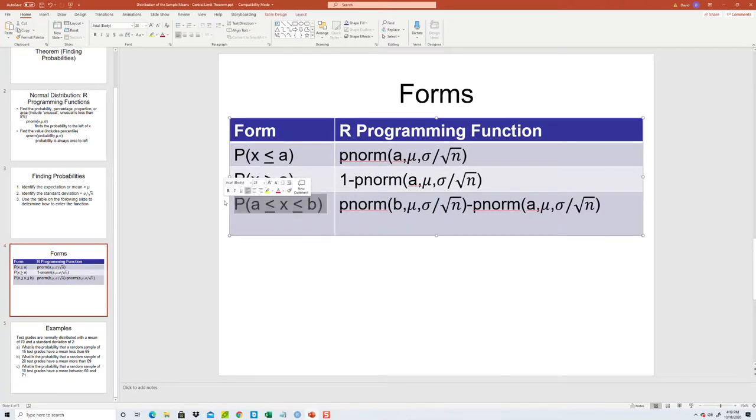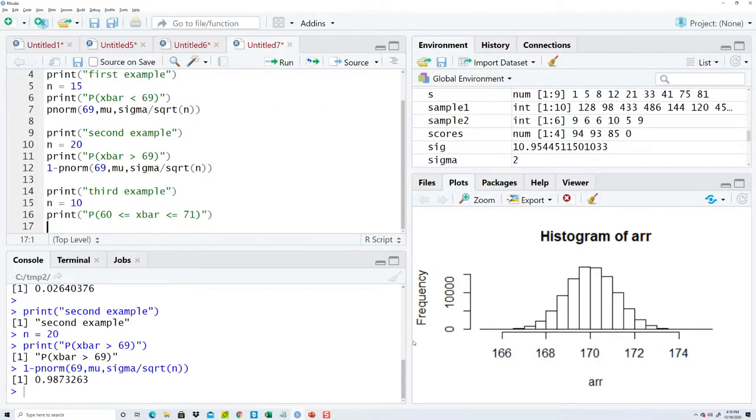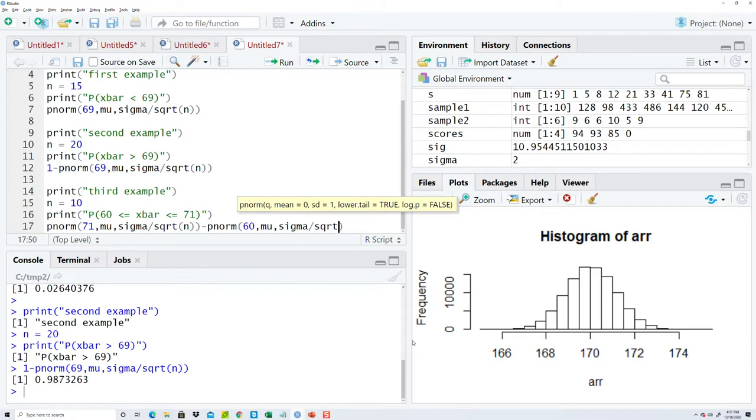That's this last case here. Now, a is the smaller number and b is the larger number. So we're going to plug it into this. We put our larger number first, smaller number second. So we're going to have p norm 71, comma, our mean, which is mu, comma, standard deviation, which is sigma, divided by square root of n, minus p norm, smaller number, which is 60, comma, mu, comma, sigma, divided by square root of n.